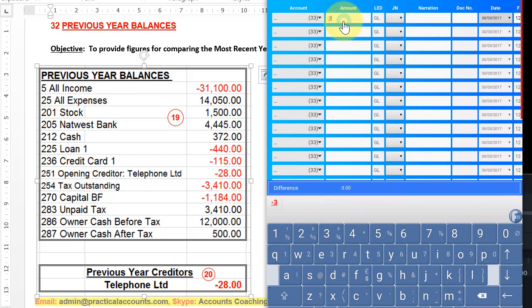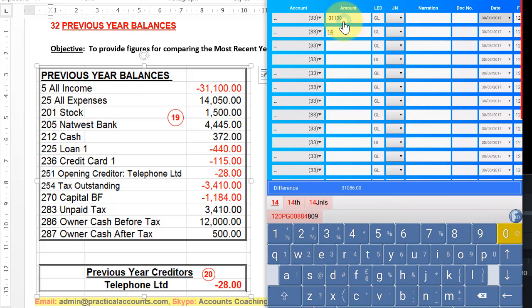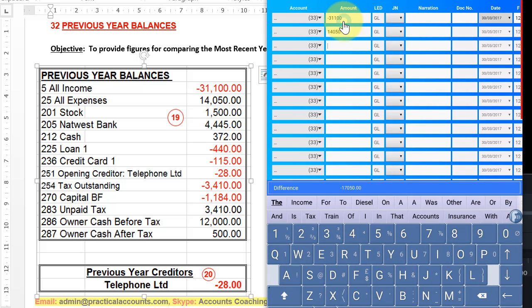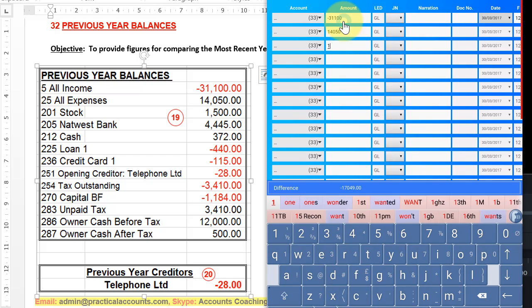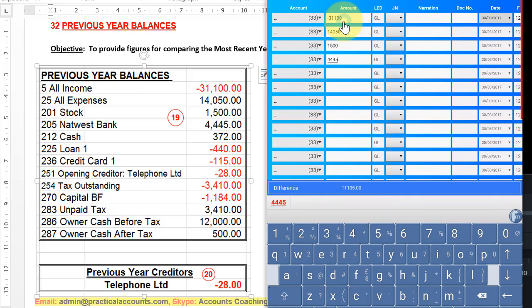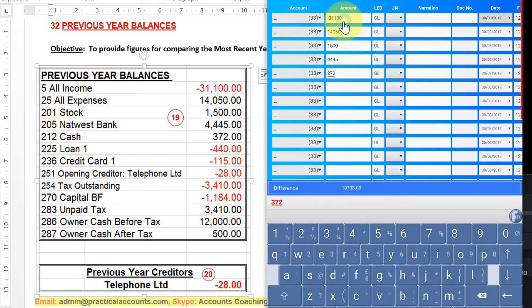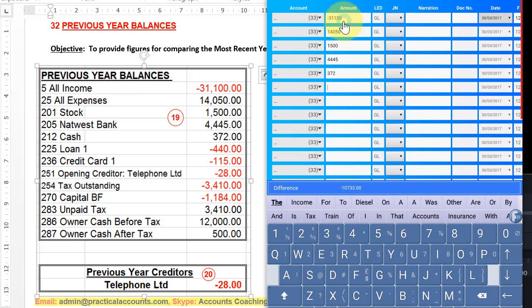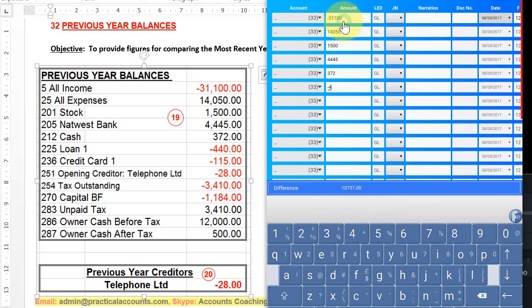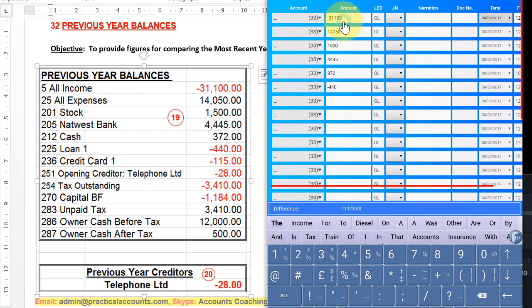Minus 31,100. Okay, and then next that is 14,050. Next to that is 1,500. Next to that is 4,445. Next is 372. Next is minus 440. Okay, yeah, that is better.